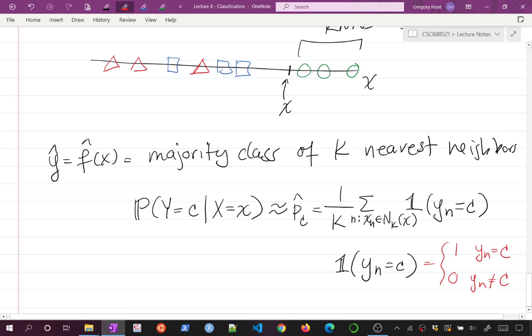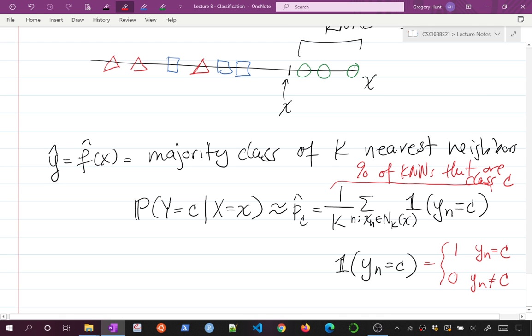So we take 1 over k times a sum of a bunch of 1s or 0s, getting 1s if the training y_n is equal to my class and 0 otherwise. This works out to be the percentage of my k nearest neighbors that are class c, which seems like a good approximation.